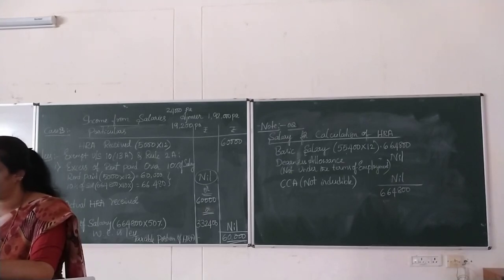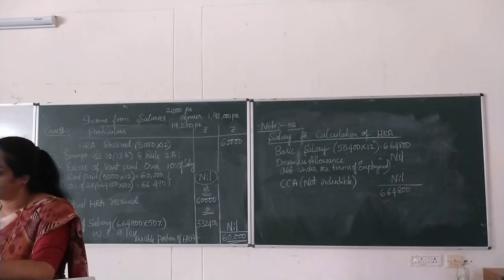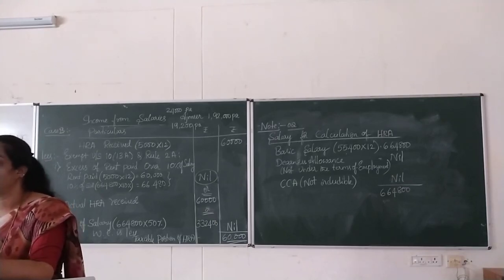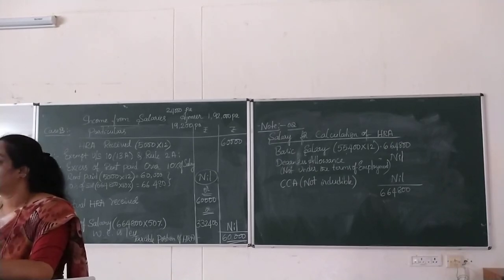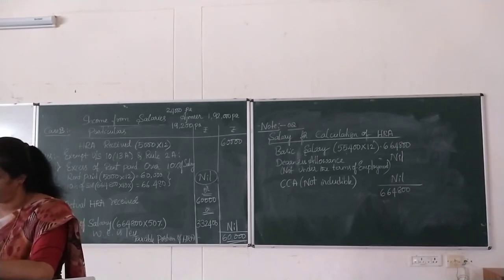Here also they have given the turnover, 86,000 of sales made, so 86,000 into 7% gives you 6,020. We need to add it to the salary. So total salary you get is 2,17,220.